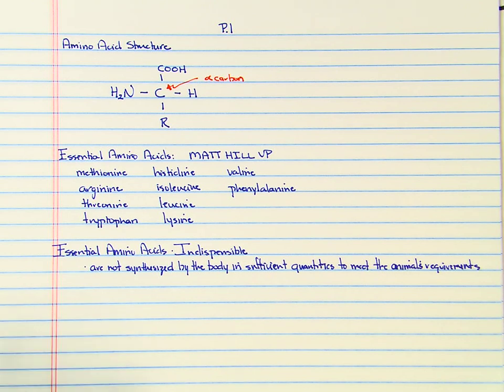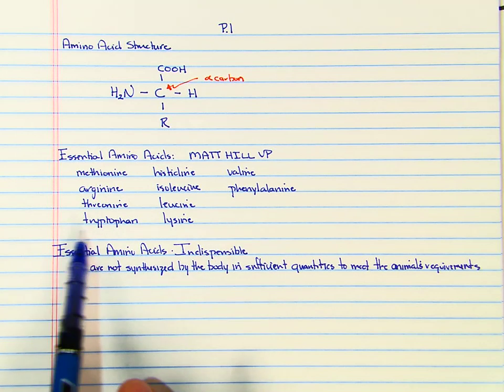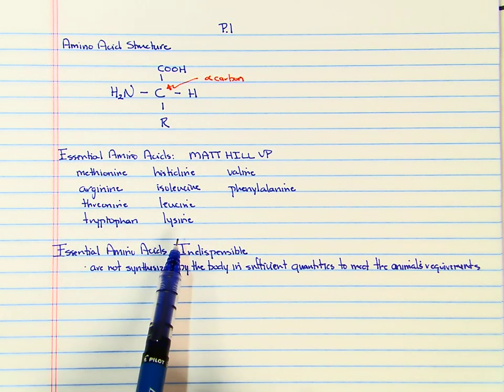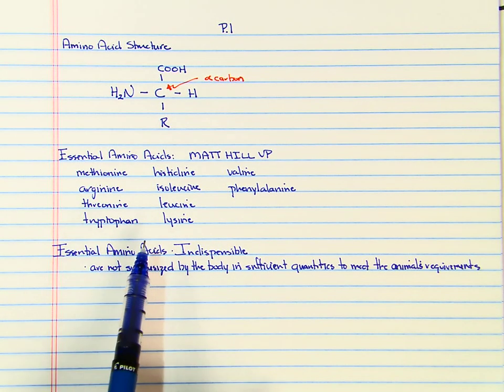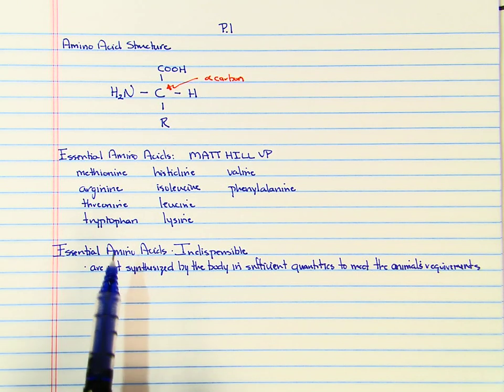So when you look at a diet or what the animal's absorbing, they need to absorb these 10 essential amino acids in the correct amounts to meet the requirements for them to grow and function properly.